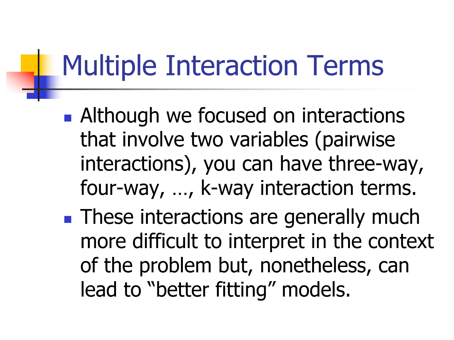That is, you can have an x1 times x2 times x3 interaction. These larger interactions become more difficult to interpret in the context of the problem, but nonetheless can lead to better fitting models, just as adding the pairwise interaction in our previous example led to a much better fitting model.